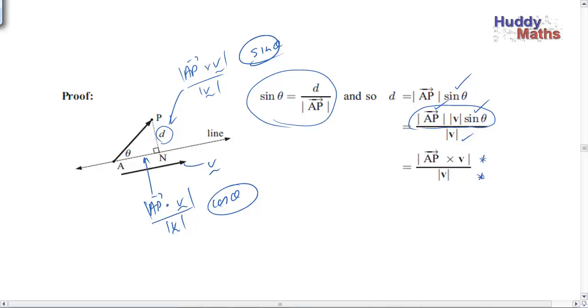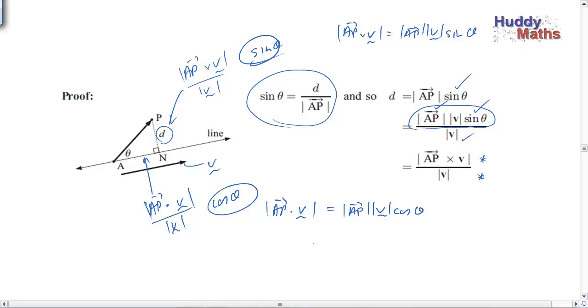And it comes down to the idea, of course, that the cross product, AP cross V, the size of that is the length of AP by the length of V by sine of theta. And the dot product, the length of that is the length of AP by length of V cos theta. That's what we're using there.